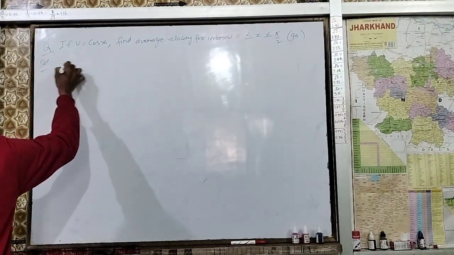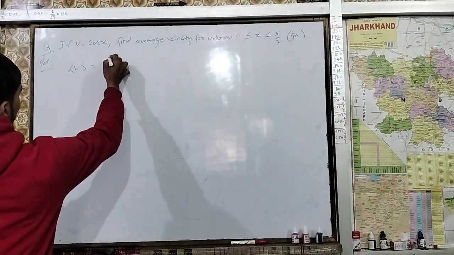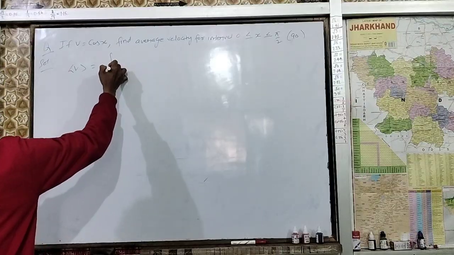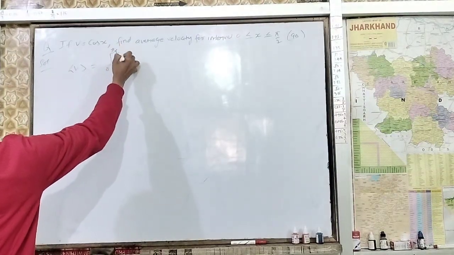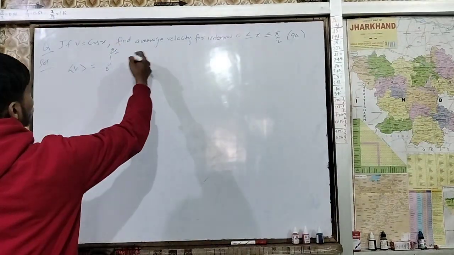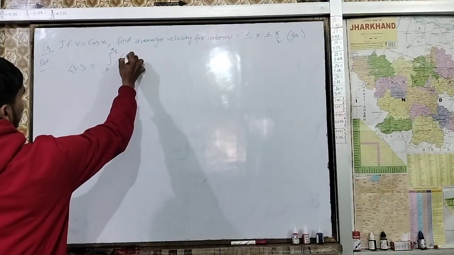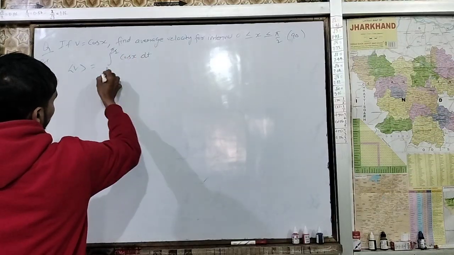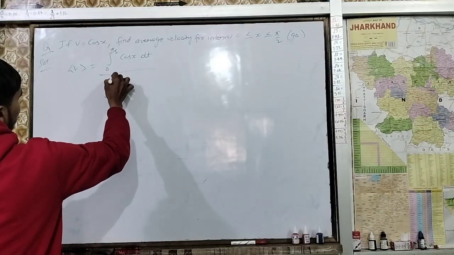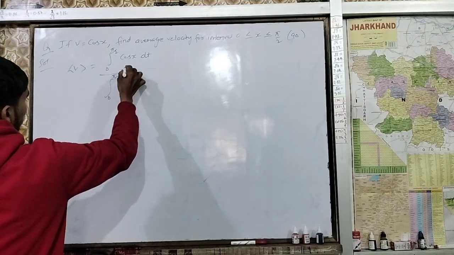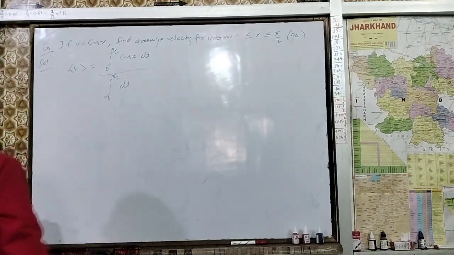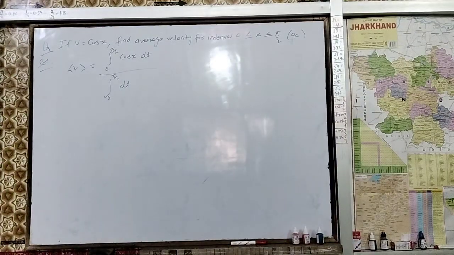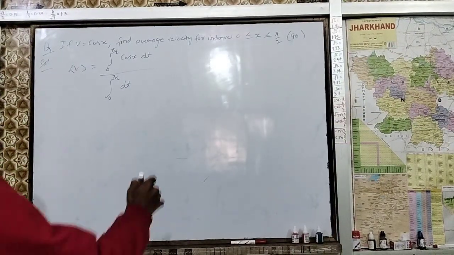Our average velocity will be the integral from 0 to pi upon 2 of v, and v is cos x, into dt, upon pi upon 2 minus 0. So this will be dt, and the integration of dt will become t.